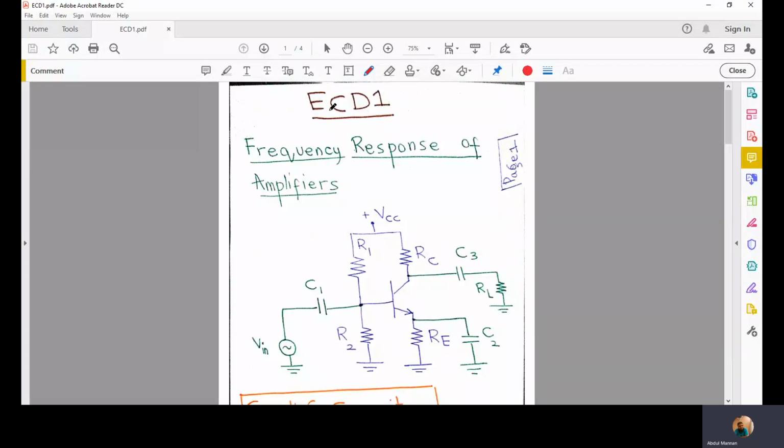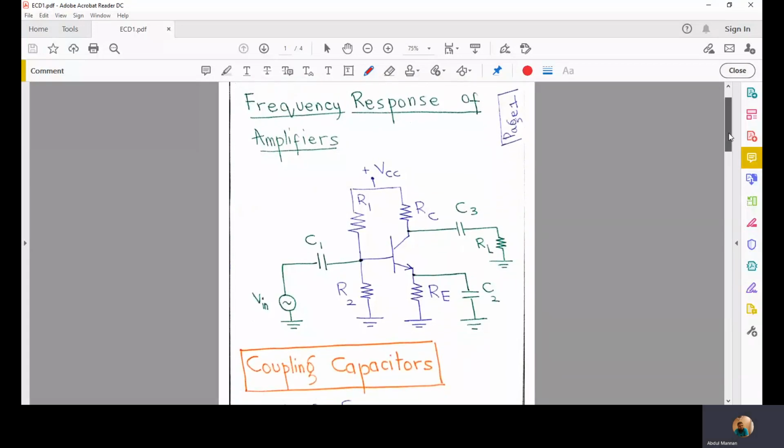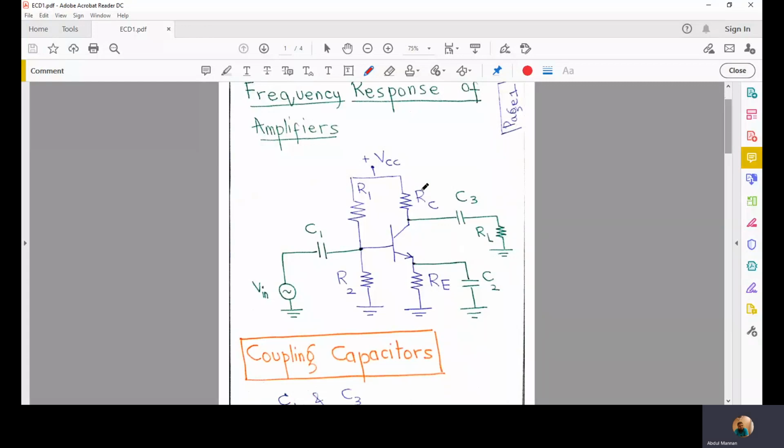Before this, in our last course, Electronic Devices and Circuits, EDC, we have studied, in addition to many other circuits, this voltage divider biased BJT amplifier, where this blue is the biasing circuit and this green contains the coupling capacitors C1 and C3, the bypass capacitor, the load resistor, and the AC input source to make it an AC amplifier.